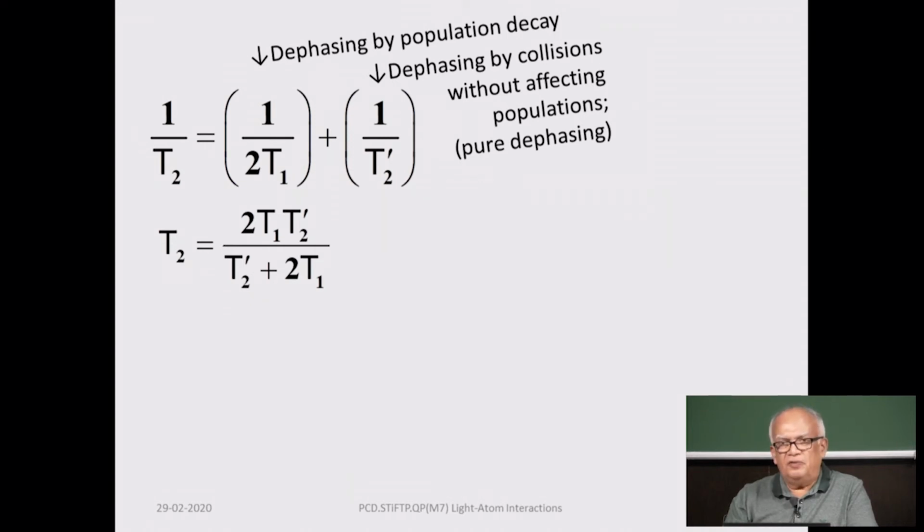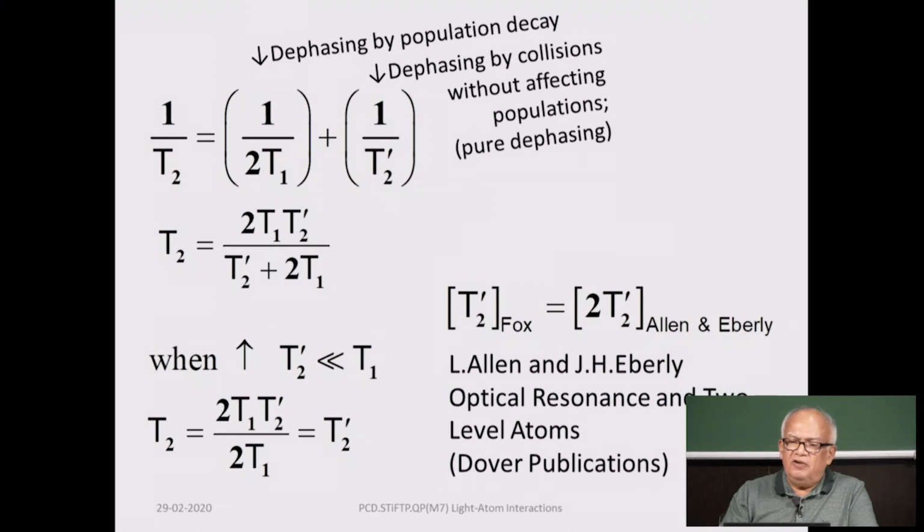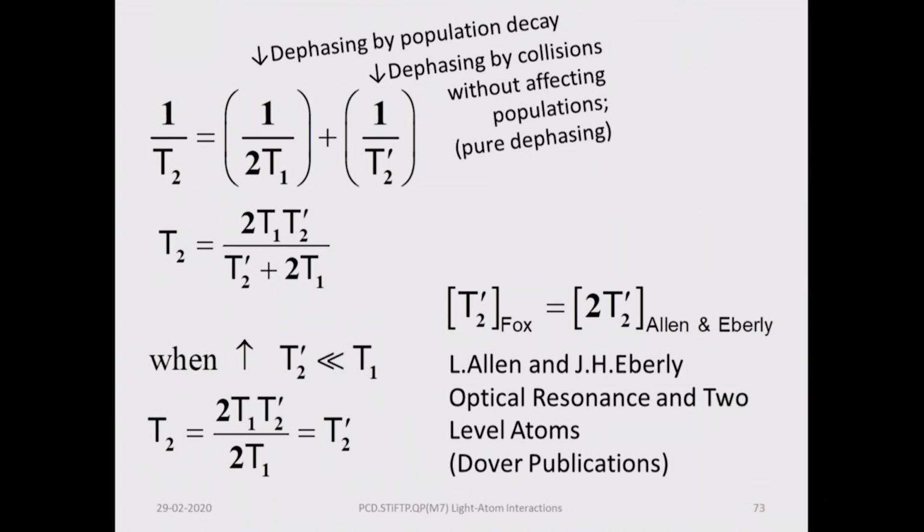It is a matter of just scaling by a factor of 2. Some authors do it one way and some do it the other way, but this has been done using the convention adopted in the book by Fox on quantum optics, which is in fact different from that adopted in the very widely cited paper by Allen and Eberly.